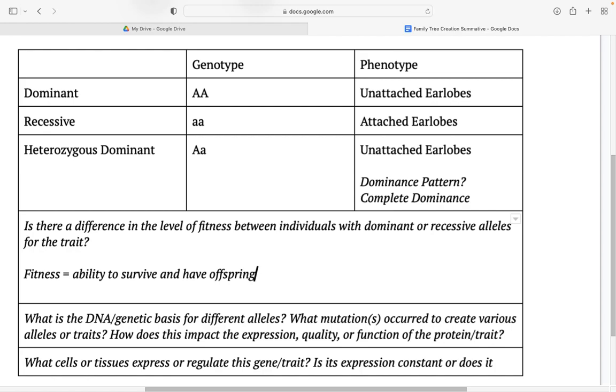So you're really going to have to answer within a couple sentences that are fact-based and evidence-based whether or not there's a difference in the level of fitness between individuals with dominant or recessive alleles. This is a good example where we talked about pale and dark skin having different levels of fitness depending on latitude, where you are in relationship to how much sun you get.